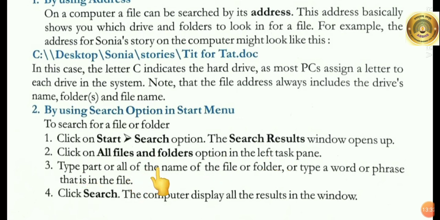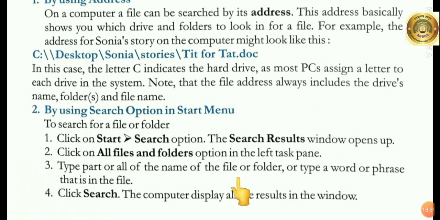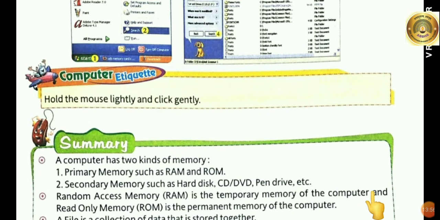Type part or all of the name of the file or folder, or type a word or phrase that is in it. Click search. The computer displays all the results in the window. Computer etiquette: hold the mouse lightly and click gently.